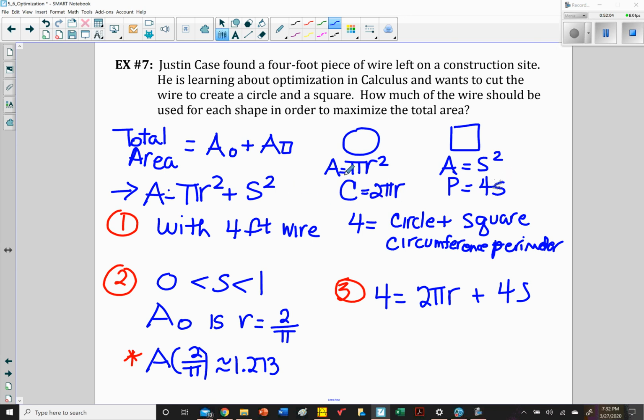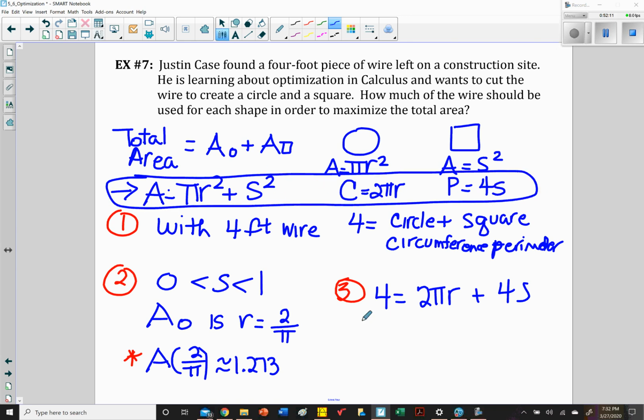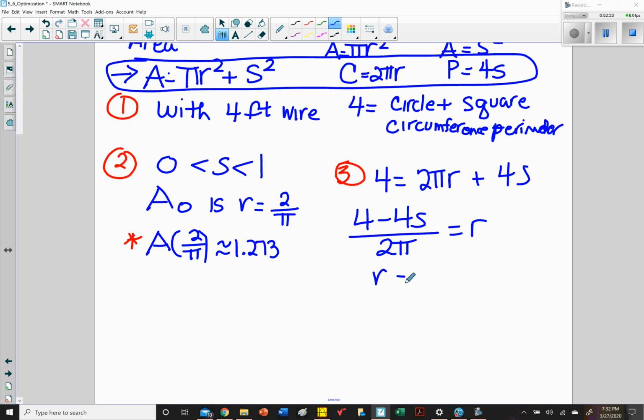We're looking across this line here. So 4 minus 4s divided by 2 pi would give us a radius, and we could reduce this down to: radius is 2 minus 2s over pi. So solving for r, this is going to be my substitute.